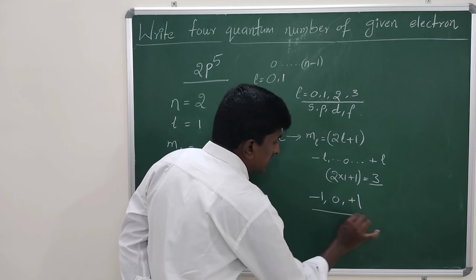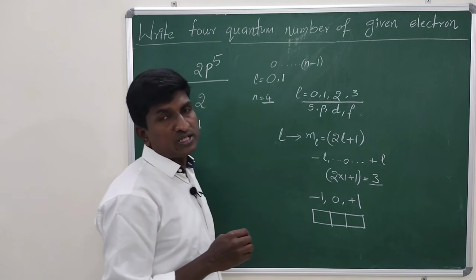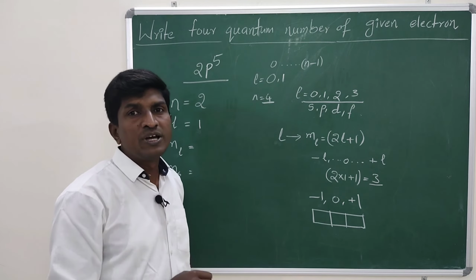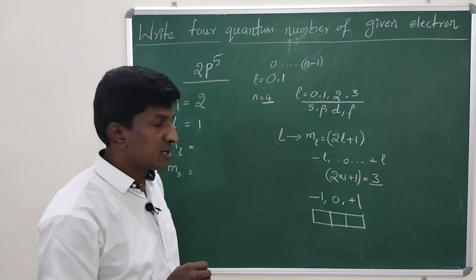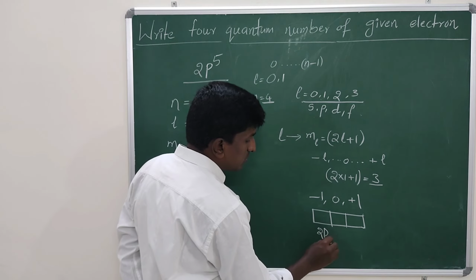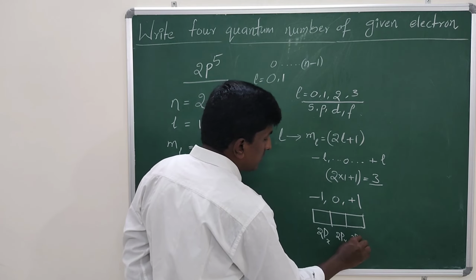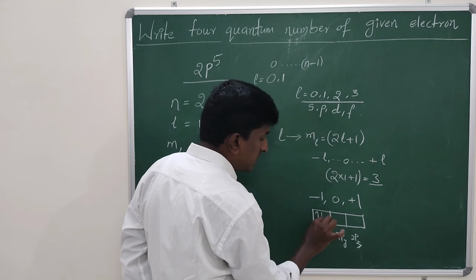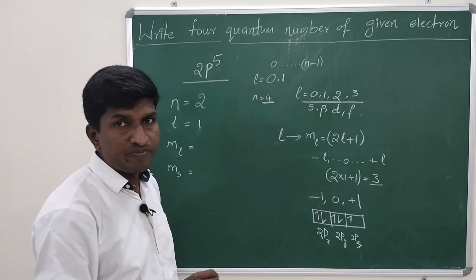Here the p orbital divides into 3 degenerate orbitals. Degenerate orbitals means orbitals which have equal energy. So the 2p orbital again divides into 2px, 2py and 2pz. Now the filling of electrons: directly filling two electrons in one orbital is completely wrong.